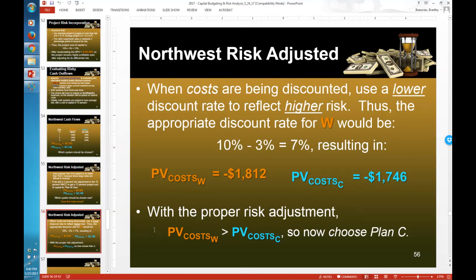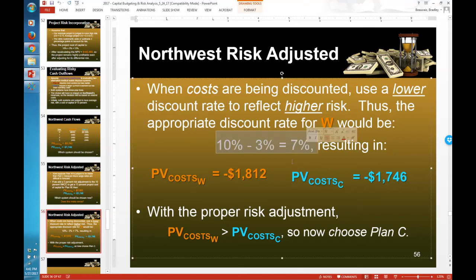So with this in mind, and this is something just to file away for the purposes of this class and in the future, whenever you have a pure outflow project, a project that is nothing but negative in terms of cash flows, and you have to adjust for risk, you need to move your risk discounting process in the other direction.